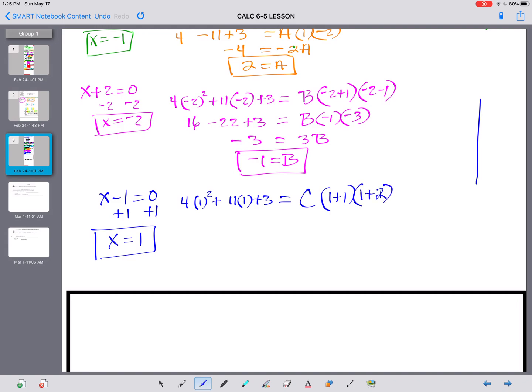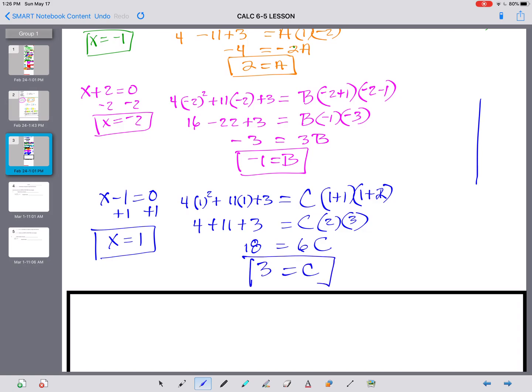There we go. Okay, good. Let's see what we got. That's going to be 4. That's going to be 11. That's going to be 3. Equals, that's going to be 2. That's going to be 3. That's going to be 18 equals 6c. Divide by 6, 3 equals c. There it is. Look at that. We got our A, B, and C.